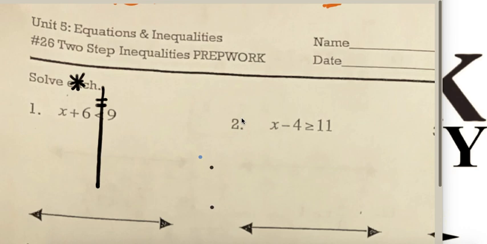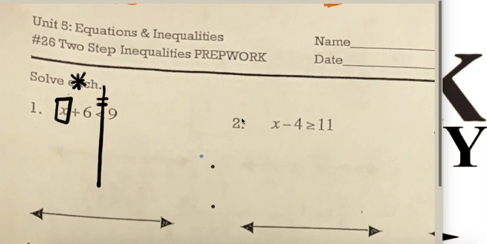I look at the variable and I say, okay, I need to get you by yourself. What is happening right now with the variable? I notice it is addition, so the inverse would be subtraction. But what do I subtract, a 6 or a 9?